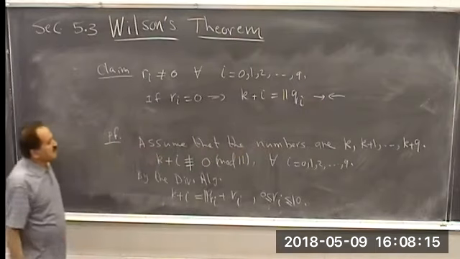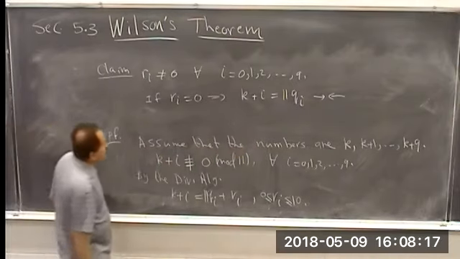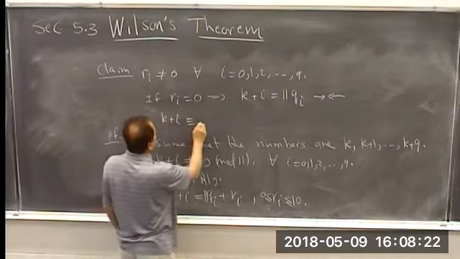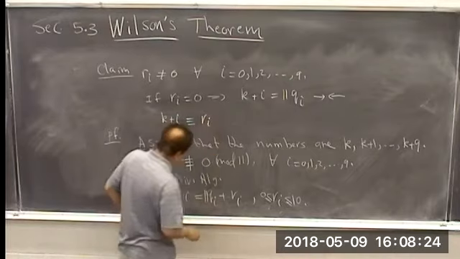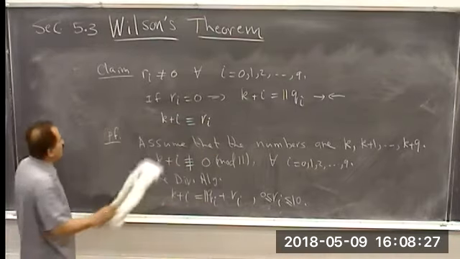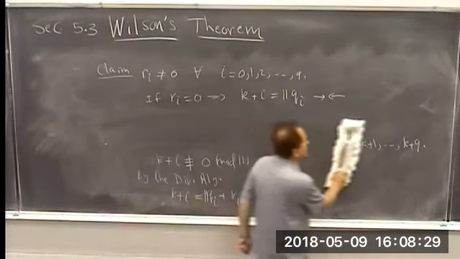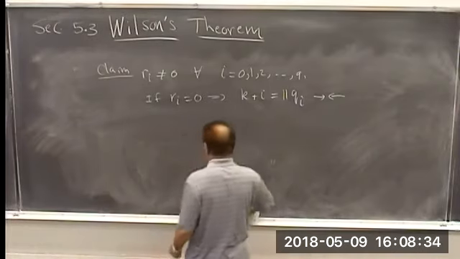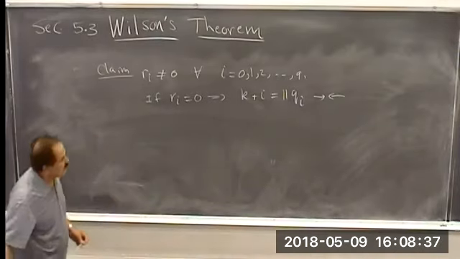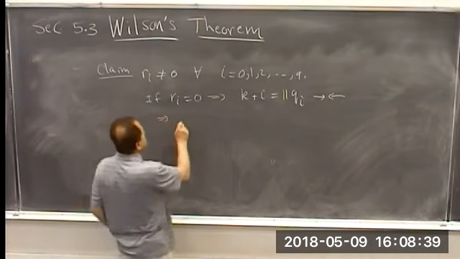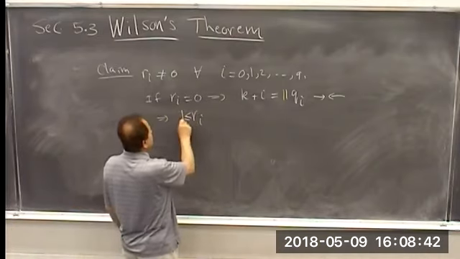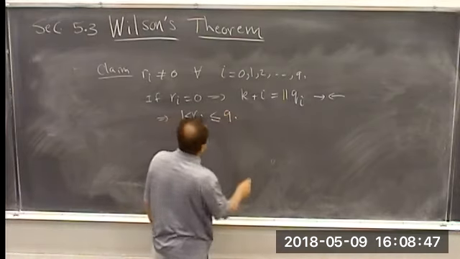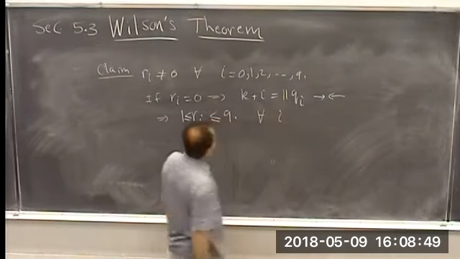Therefore, k plus i is congruent to r sub i, so the possible values of the remainders satisfy 1 less than or equal to r sub i less than or equal to 10, for every i from 0 to 9.